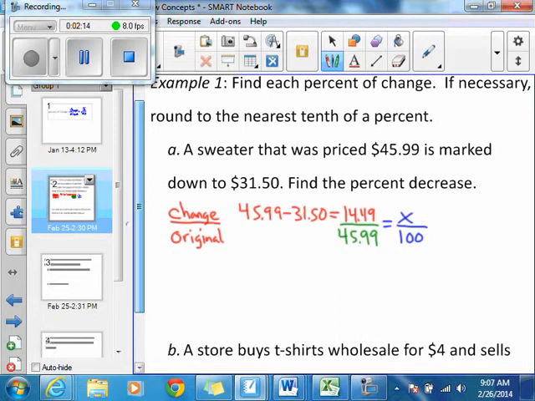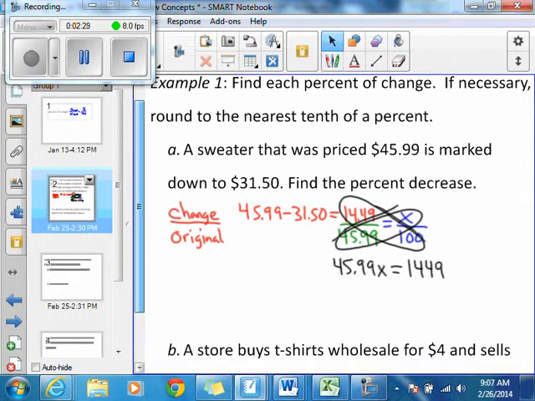When we cross multiply, we get $45.99 x equals, we multiply the other diagonal, we get 1,449. To get x by itself, we're going to divide both sides by $45.99.